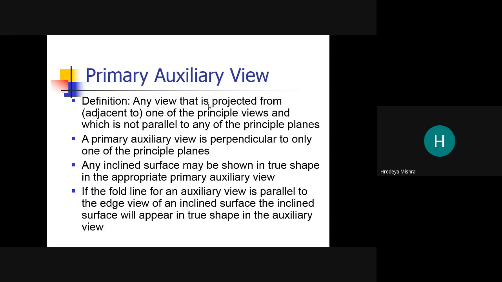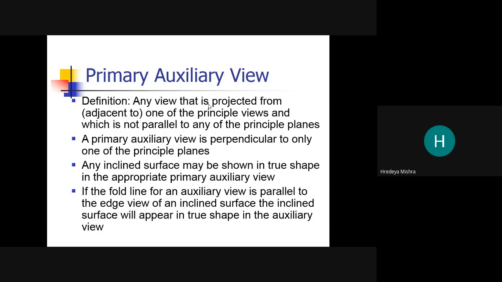Okay, so what does this mean? We can project the auxiliary view from the top view, front view, or side view, and the auxiliary plane is not parallel to any principal plane. That is called a primary auxiliary view.